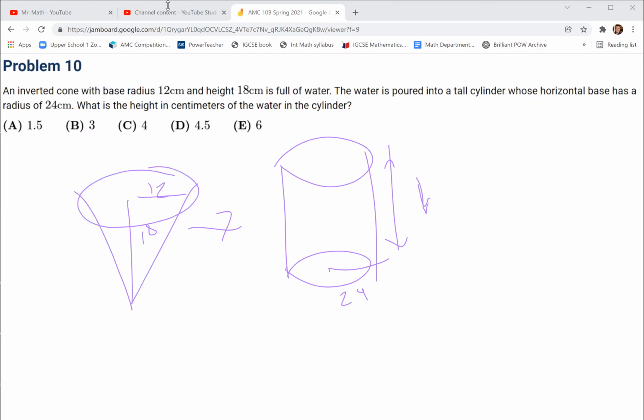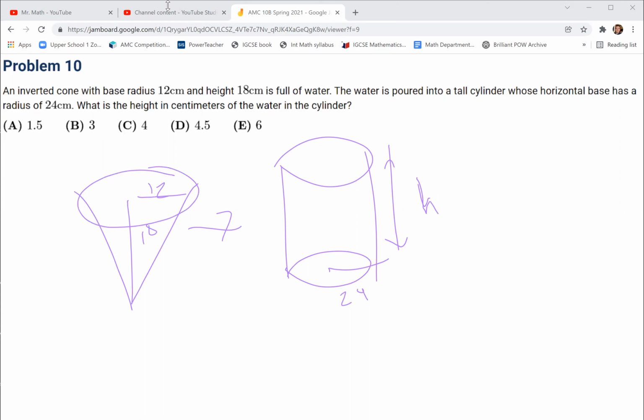Now, one thing we know is that obviously we want these volumes to be equal, right? Well, what do we know?